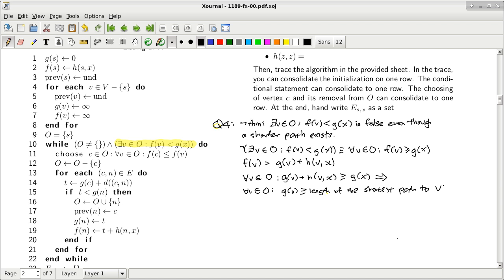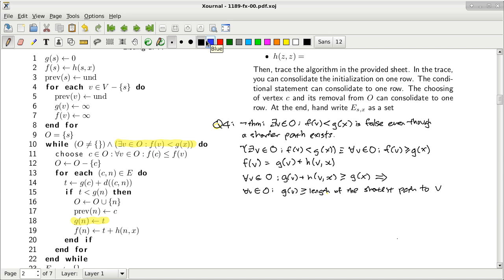Okay, so the interesting part about this, the next line we need to focus on is how we update g of n. The only update of the g value is over here on line 18. So line 18 is significant because we know that the g values cannot be, let's see, how should I put it?